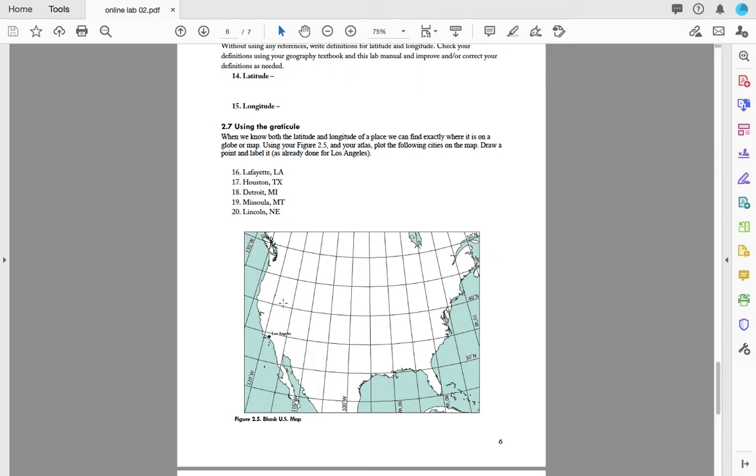What you need to do is look up the latitude and longitude for Lafayette, Louisiana, for Houston, Texas, for Detroit, Michigan, all these cities that we have here. And what would be the easiest way to do it is write that out next to Lafayette, write their latitude and longitude. Okay, right there. And then on this map, read what's here. 30 degrees north.